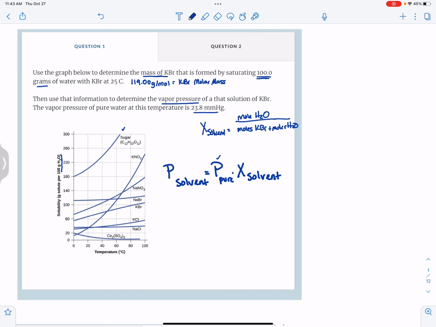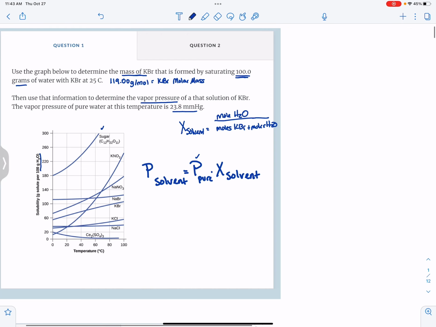So I'm going to come over here and let's say that this is about 30. So probably this is about 25. And remember that I'm talking about KBr, which is that line right in there. So I'm going to try to just go up, and then I'm going to go over.